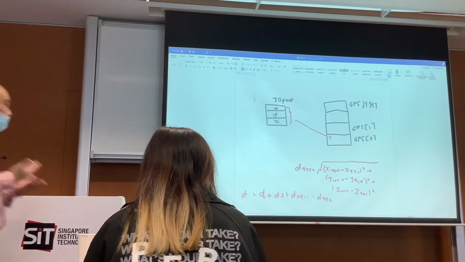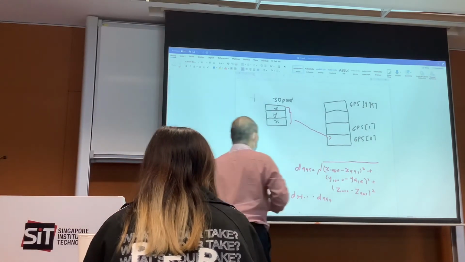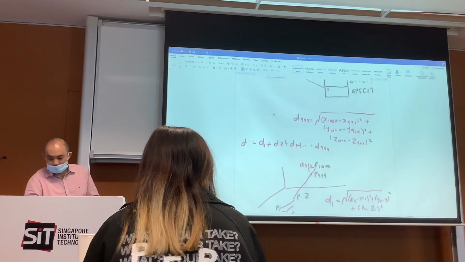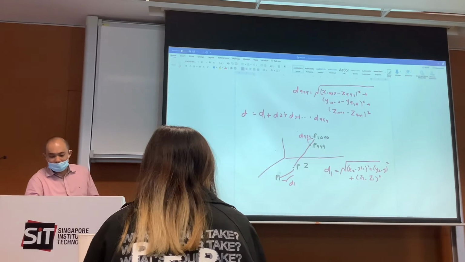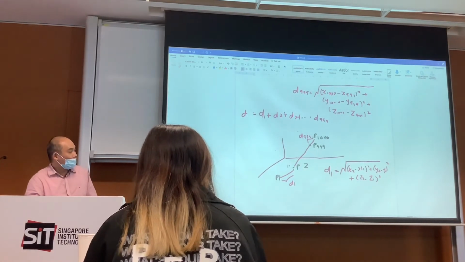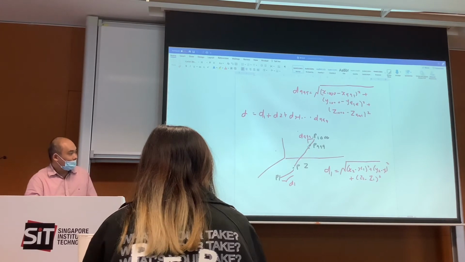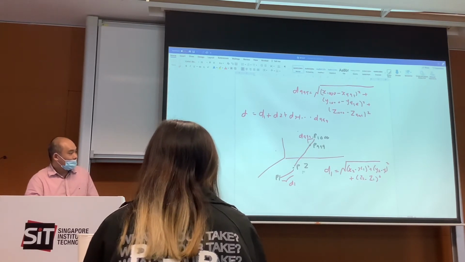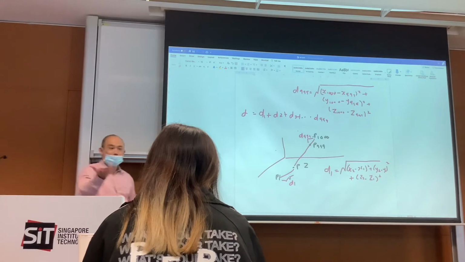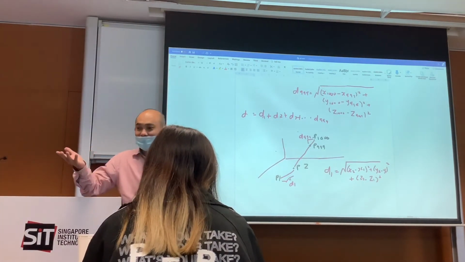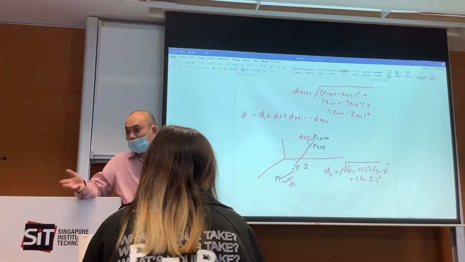And of course, point by point. For example, I have point 1 to point 2, then point 2, point 3, point 4, point 5, all the way to point 999, all the way to point 1000. So point by point, this one I taught you already, right? Calculate distance. You completed it already. Pythagoras theorem in 3D.